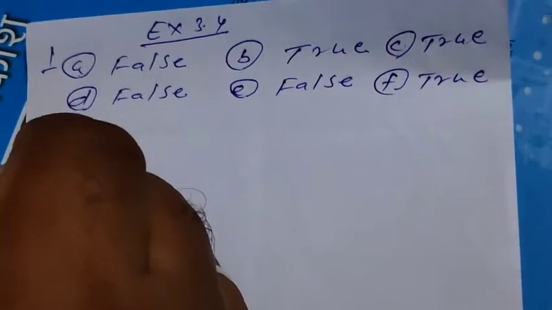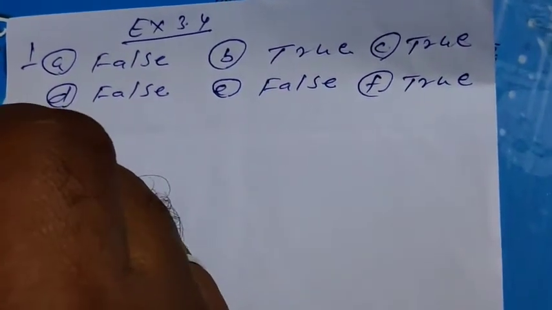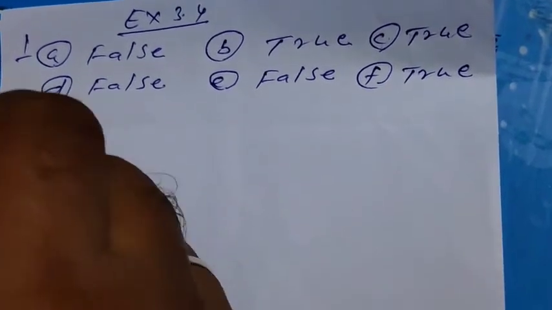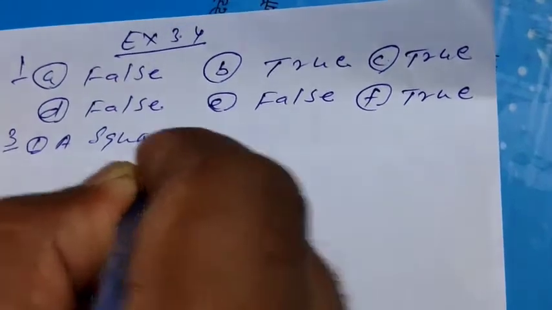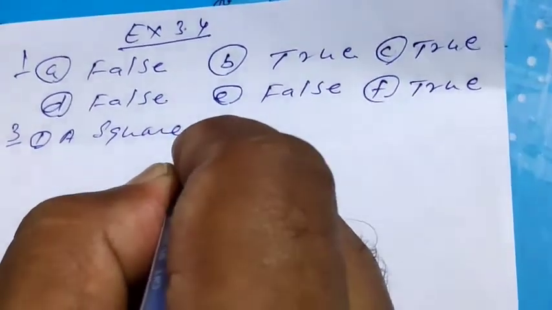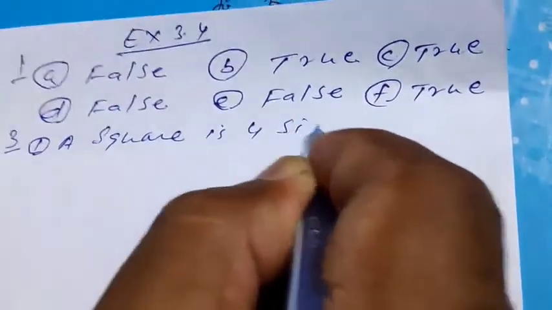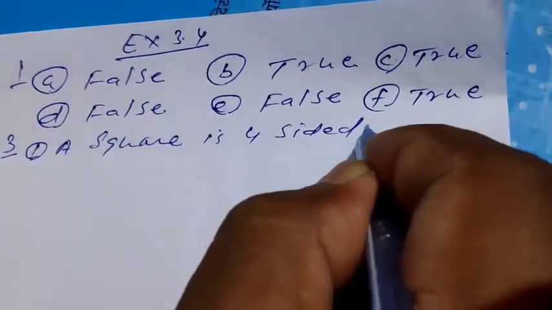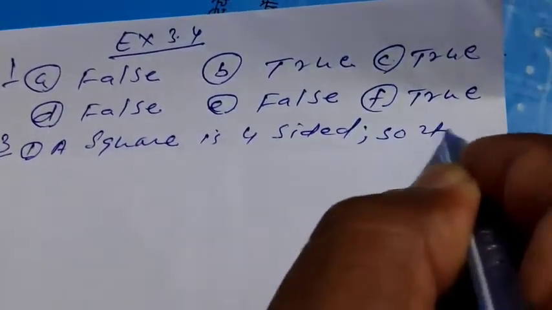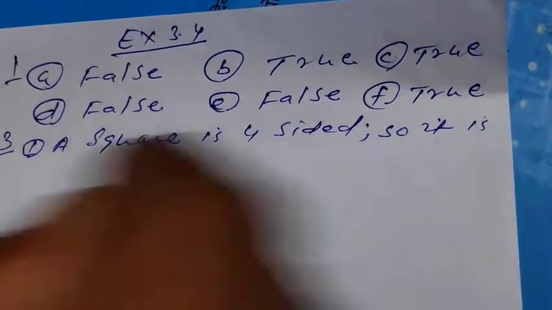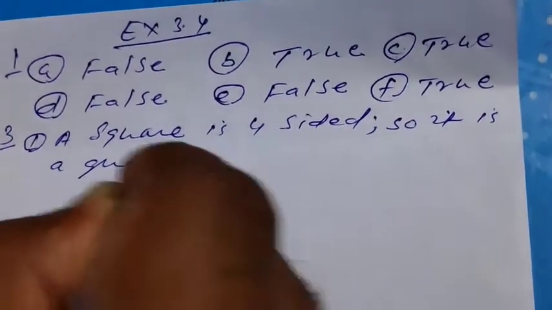3.1. Explain how a square is a quadrilateral. The answer of question number 1A: a square is four-sided, and so it is a quadrilateral.